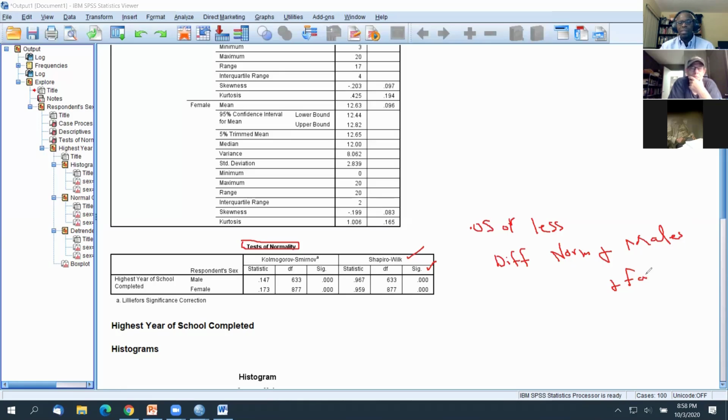So let's take a look at this and see what this means visually, okay? Because this is less than 0.05 and this is less than 0.05, that means there's a significant difference in the shape, right? All right, so let's go and take a look at what this looks like.